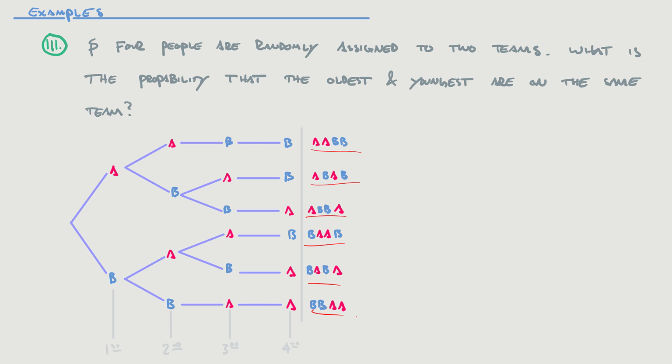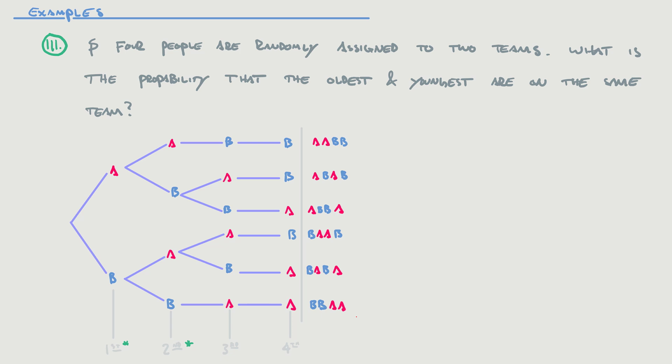Now, we're trying to figure out the probability that the oldest and the youngest person are on the same team. So let's just assume, without loss of generality, because I could do this for any 2 numbers that I want, but let's just assume the first and the second person are the youngest and oldest respectively.